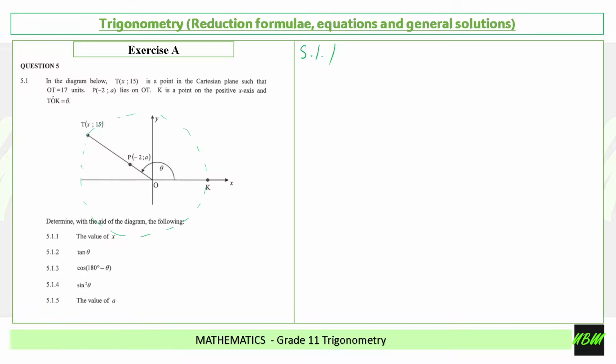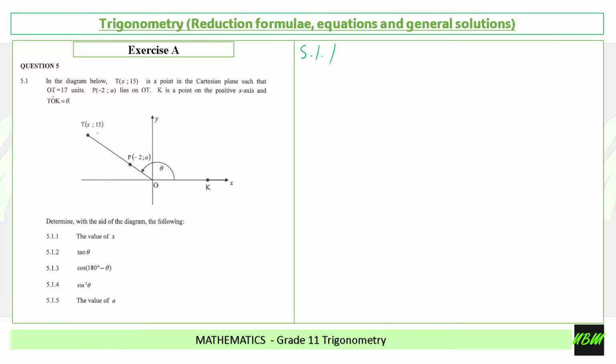So looking at point T, we have x, we have y, which is 15, and our radius from the center to the circumference of the circle is given by 17. Even if the circle is not there, you can always construct it, just in your mind. Alright, determine the value of x.